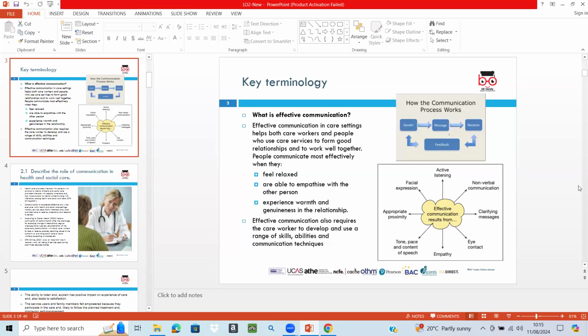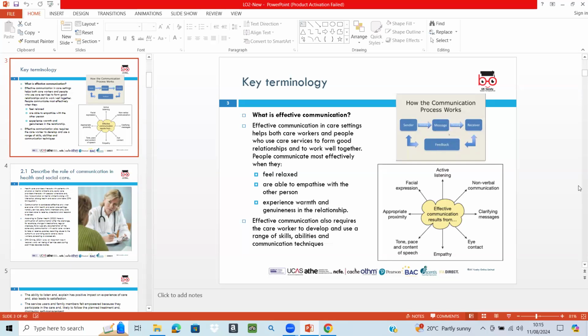The learning hours would be different, the credit of each unit would be different, and the key terminologies and the indicative content would be different, but the concept is the same. So in this unit, specifically with learning outcome 2, we have the specific key terminologies.